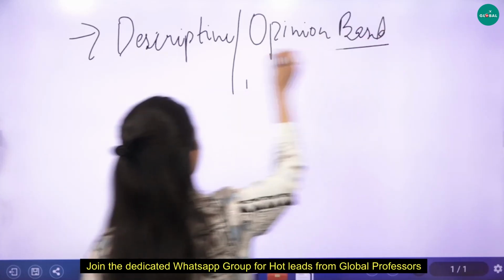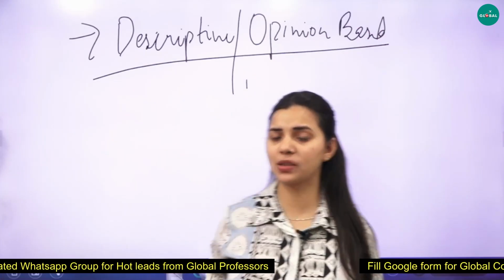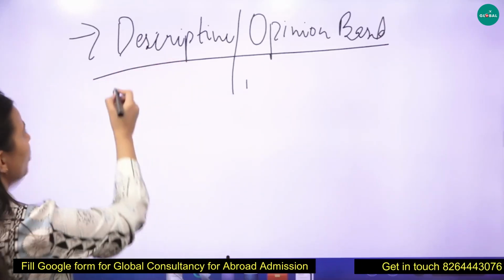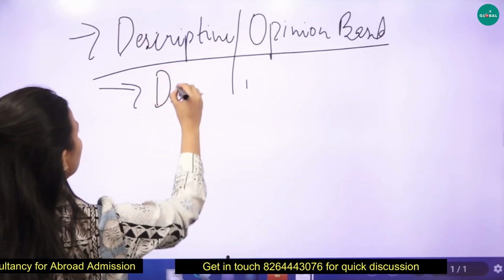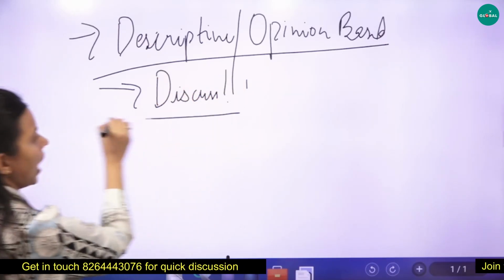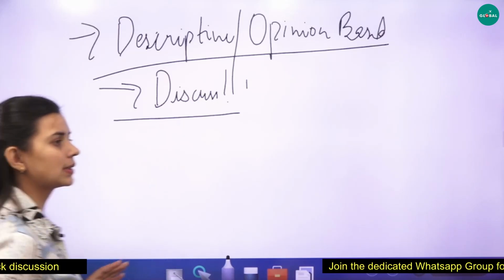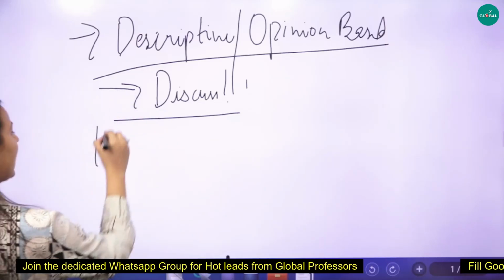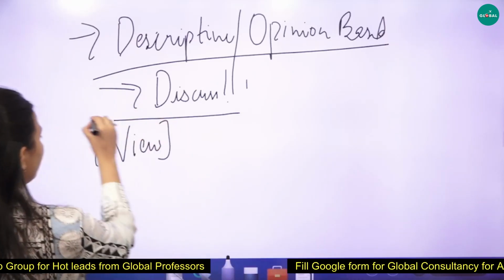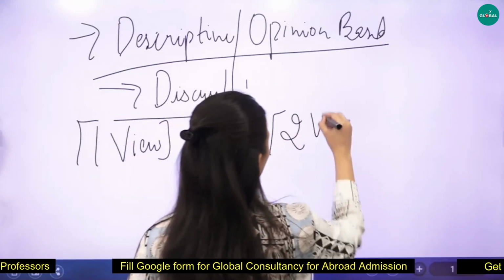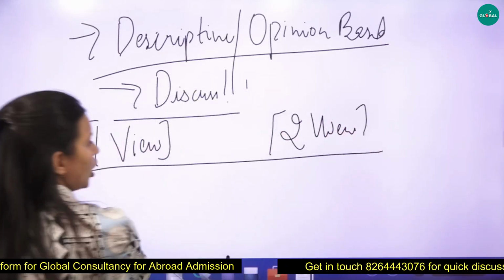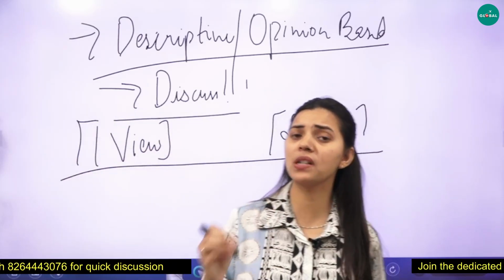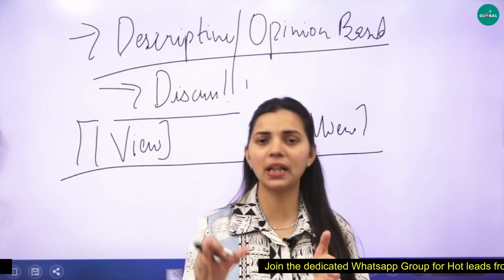Whenever you see that it is a descriptive type or opinion based question, how do you go about it? In this particular essay, whatever the statement given to you, there will be the word discuss, and you need to take care of this. In the descriptive type, there can be 1 view in the question or there can be 2 views as well, right? So we need to discuss that only. Whatever is said in the question, whatever the statement is given to you, we just need to explain it, we just need to justify it.